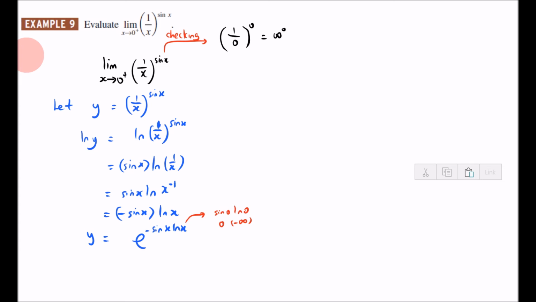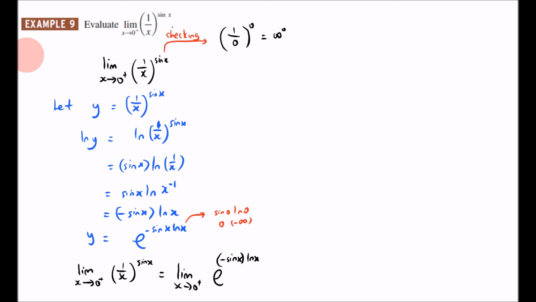So of course the limit as x approaches 0 plus of 1 over x to the sine x must be the limit as x approaches 0 plus of e to the minus sine x ln x. That's the important thing.